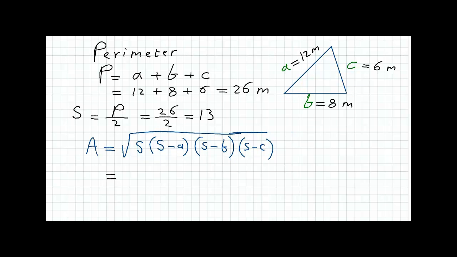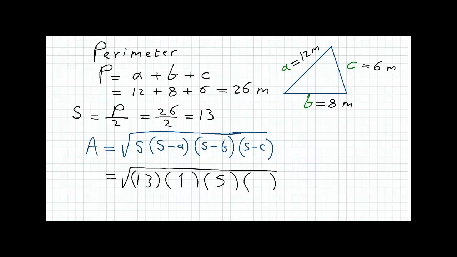So we have the square root of 13 multiplied by the difference between 13 and 12, which is 1, multiplied by the difference between 13 and 8, which is 5, multiplied by the difference between 13 and 6, which is 7. And this is equal to approximately 21.33 squared meters. By this, we reach the end of our lesson.